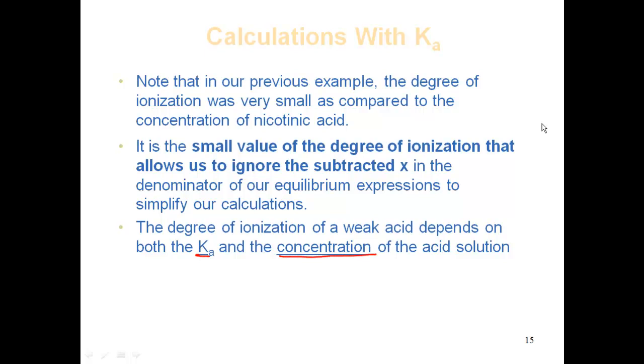So if I'm going to neglect that X, if I'm going to say 0.012 minus X is equal to 0.012, I've got to look at the Ka value as well as the concentration to decide whether I can do that or not.